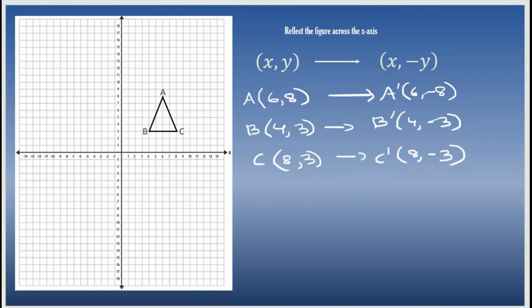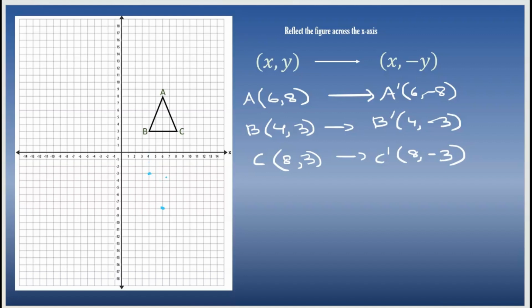Now let's graph it. I'm going to pick a color. So A prime is 6, negative 8, which would be over here. B prime is 4, negative 3, over here.